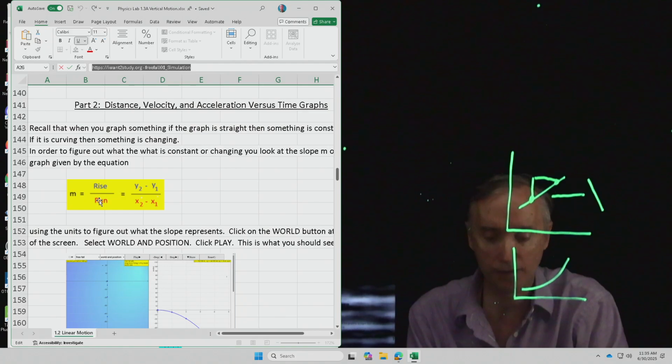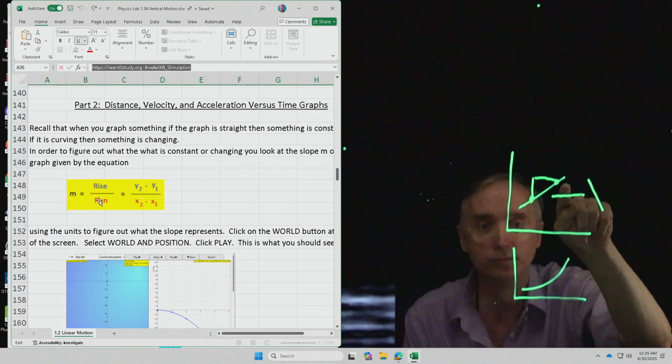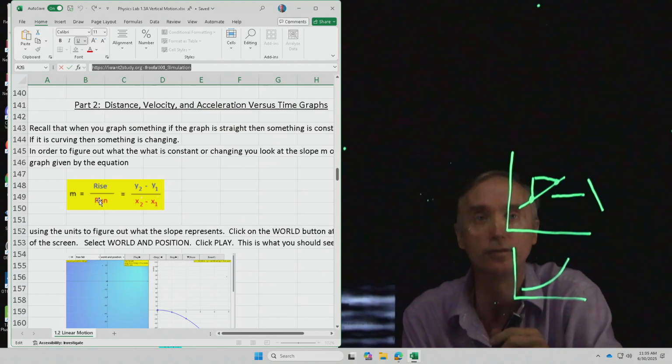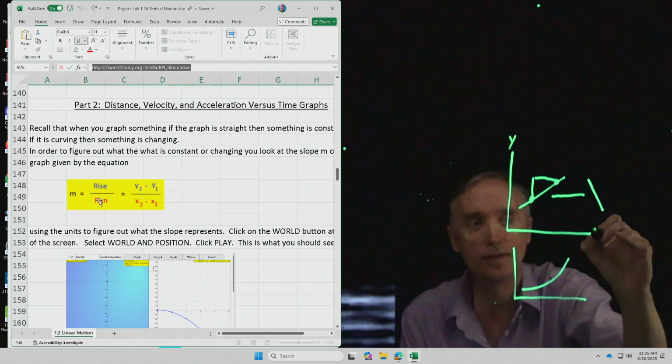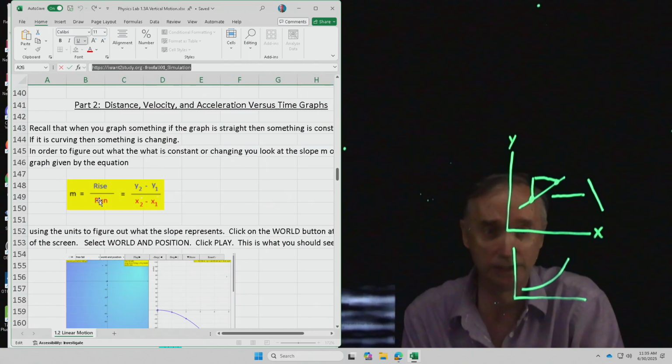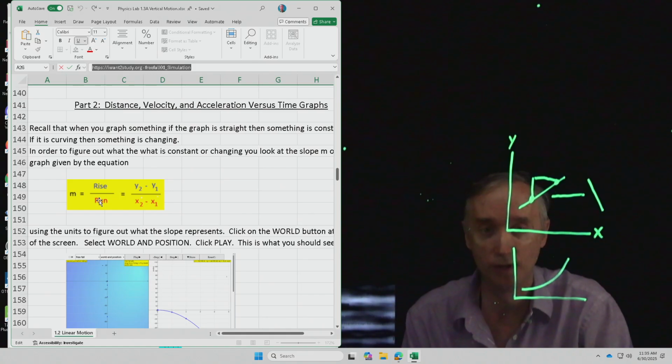You need point 1 and point 2, y goes up and down, and x goes sideways, so it's y2 minus y1 divided by x2 minus x1.